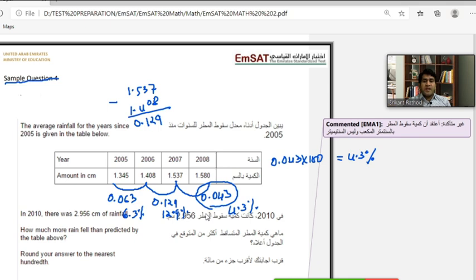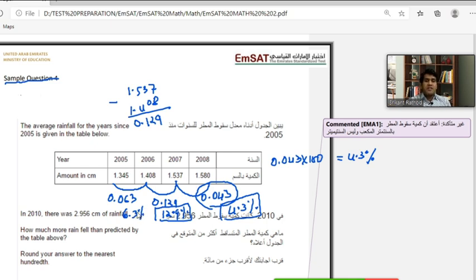But now how do we predict the value? The rainfall maximum increased by 12.9% as per the years they have given, and the minimum increase is 4.3% compared to the previous year. But how do we predict the value based on this?